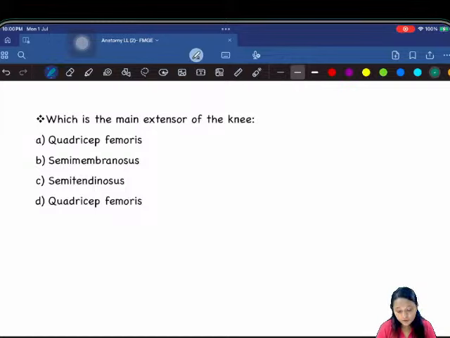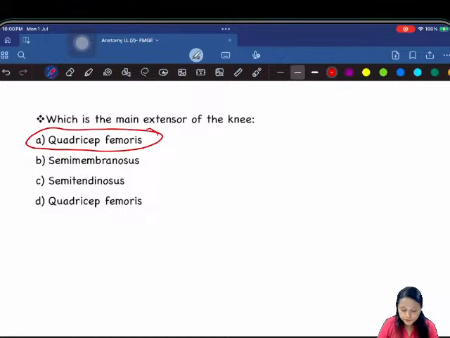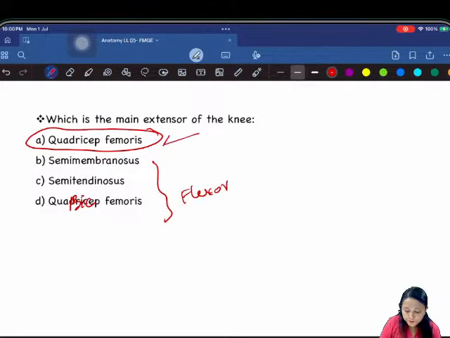All are flexors of the knee. I have given, actually this is a typing error. The answer here is quadriceps femoris. It has been written two times. So semimembranosus, semitendinosus and biceps are the flexors, and quadriceps is the extensor.